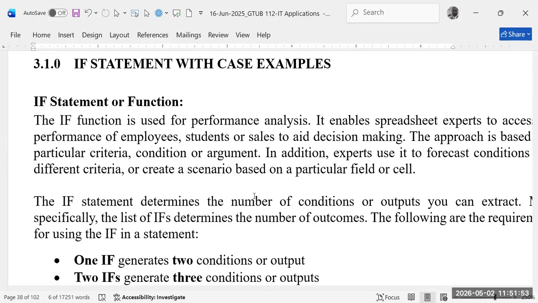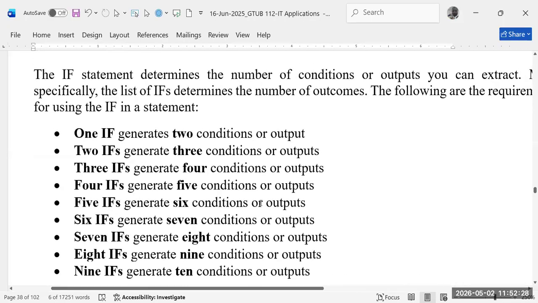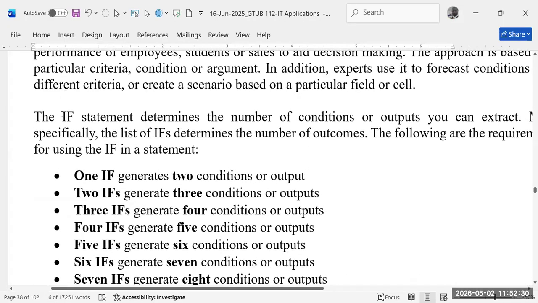For example, to standardize student results, we can use the if statement to justify that if student total marks are greater than 50, pass, else fail. To justify pass or fail, we use the if statement. So we use the if statement for conditions and performance analysis. The if statement determines whether the condition or the output is true or false.